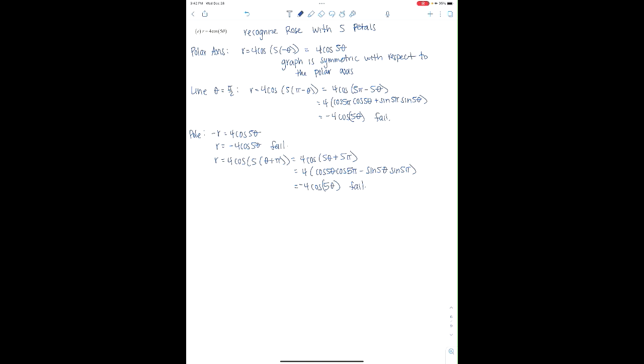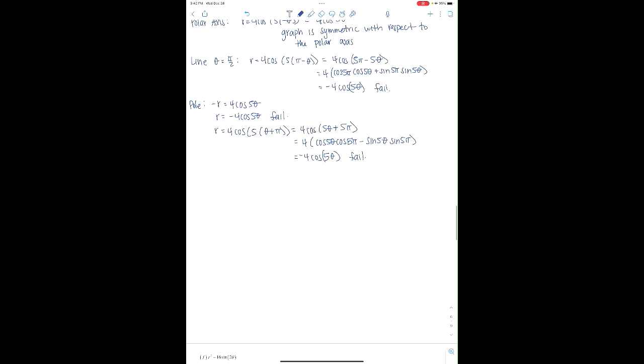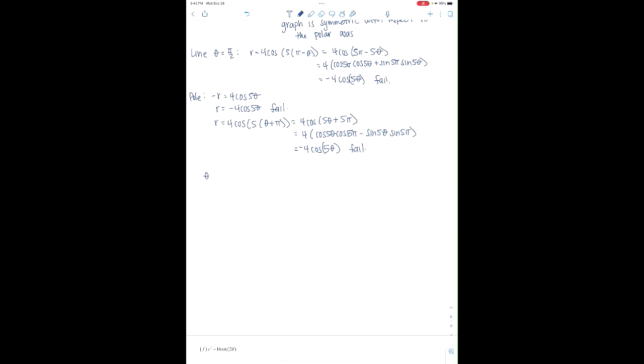Now we are going to look through some points. Thetas, we'll look at 0, pi over 6, pi over 4, pi over 3, and pi over 2.